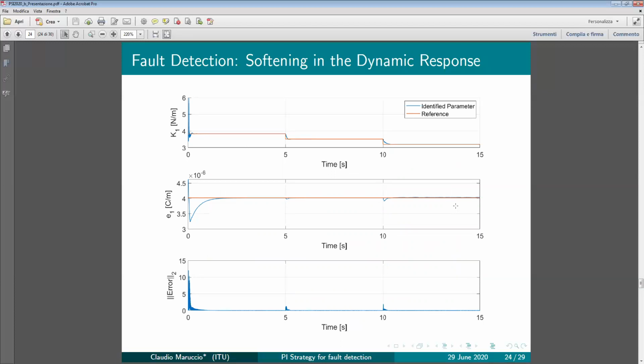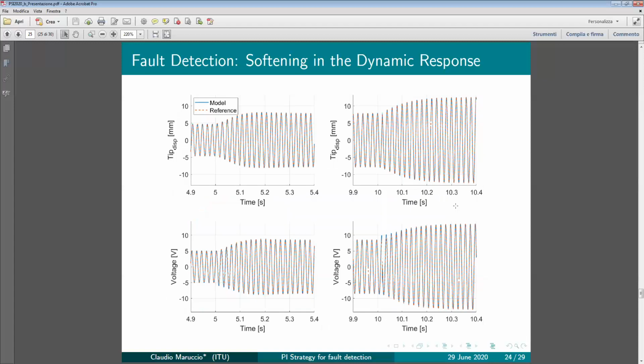Again, the parameter identification strategy can estimate correctly these variations in the stiffness that represent, as we said, the presence of a fault in the structure. And this is the synchronization between the adaptive model and the reference system's response.